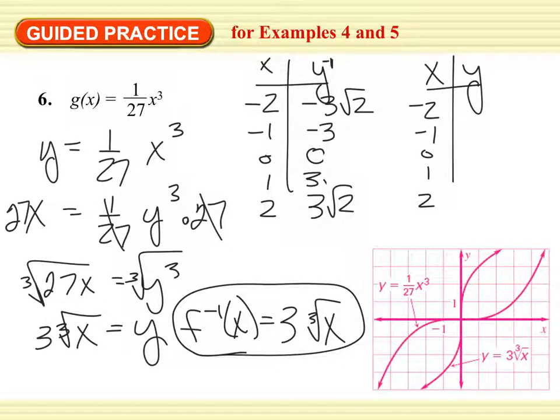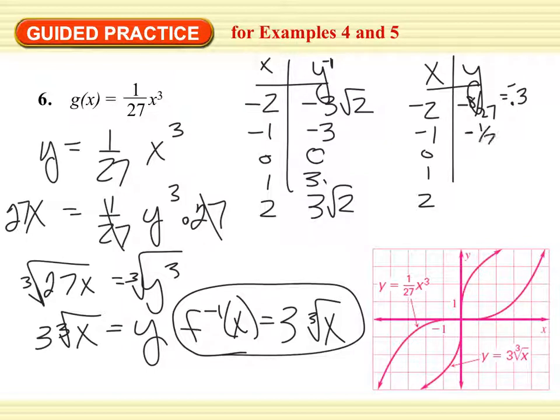If I plug this into my regular function, I get negative 2 to the third power is negative 8, negative 8 27ths, let's see. Negative 8 over 27 is negative 0.3.